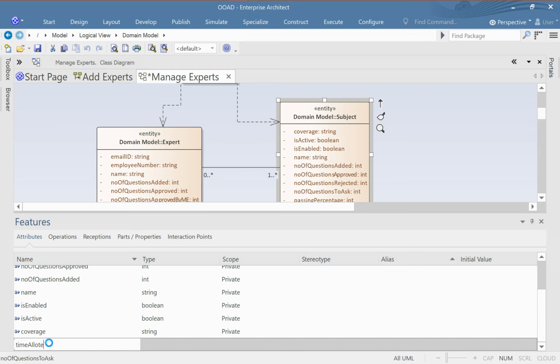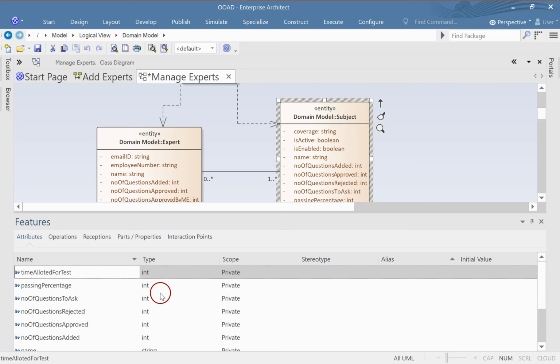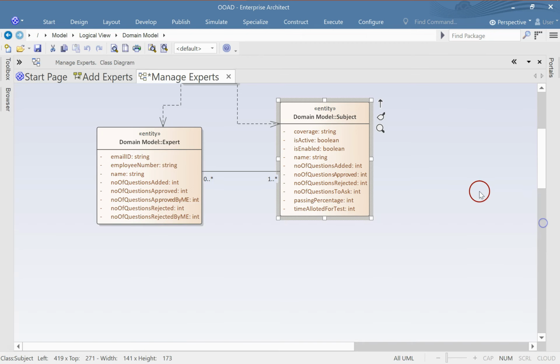Time allotted for test. These are going to be subject specific. Okay, so we added. Again, the moment you see this type of thing, is active, is enabled, it means there is some state related behavior.